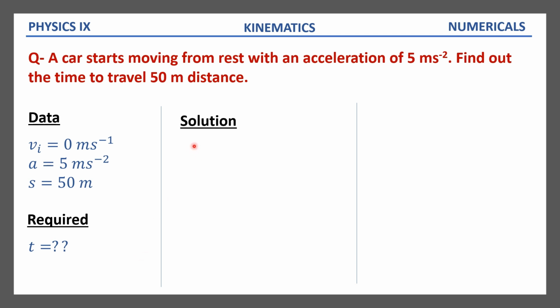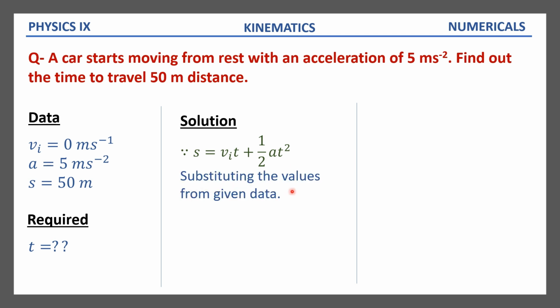Here is the solution. We use the second equation of motion for finding time, substituting the values from given data. Distance is 50. Initial velocity is 0 multiplied by time plus 1 upon 2, acceleration is 5, and t square.